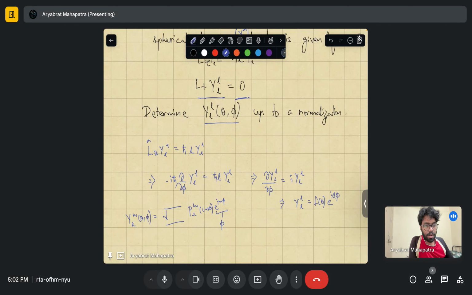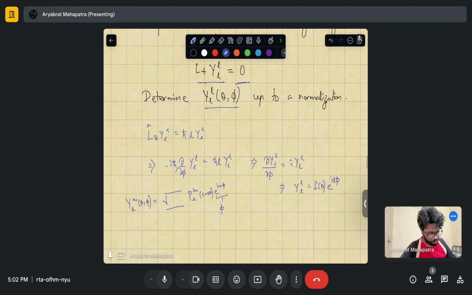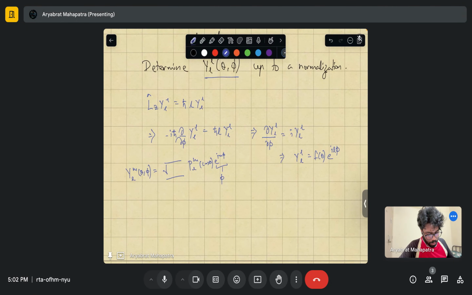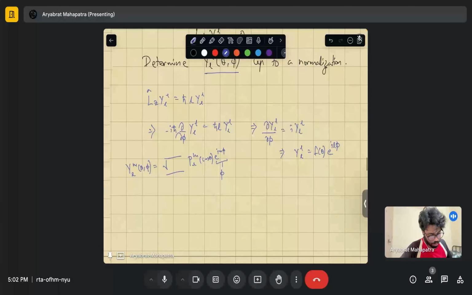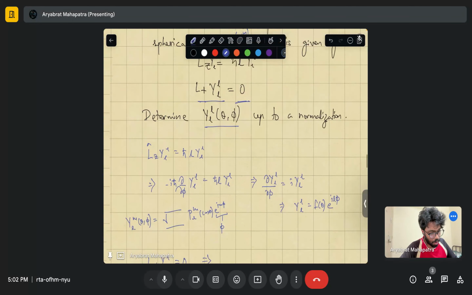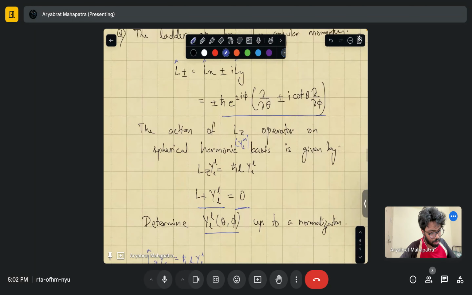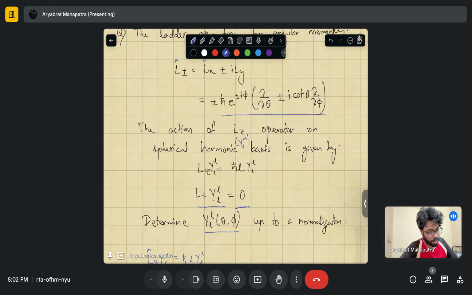Here m is right now L, so L equals m. Now we will explicitly see how this f of theta can be determined. For that we will use L plus on YLL is 0, and L plus is already given to you in the question right here.